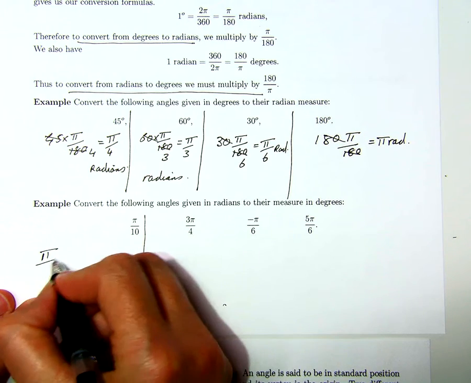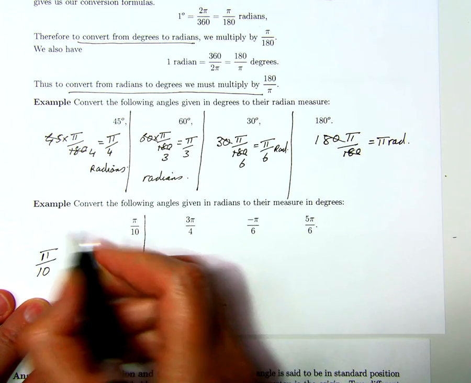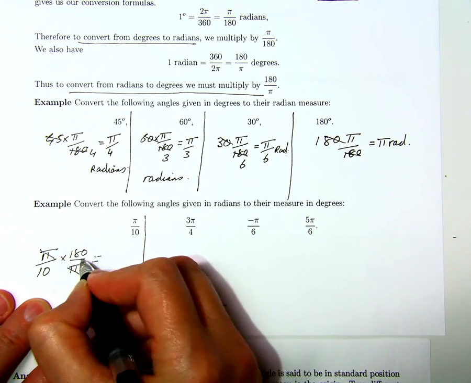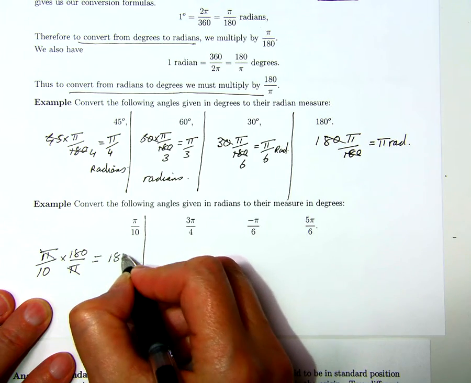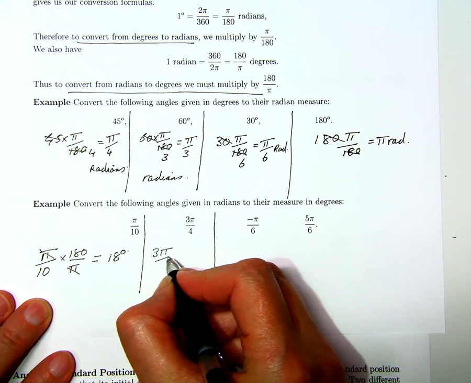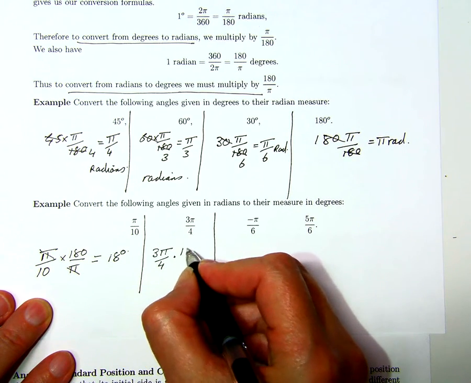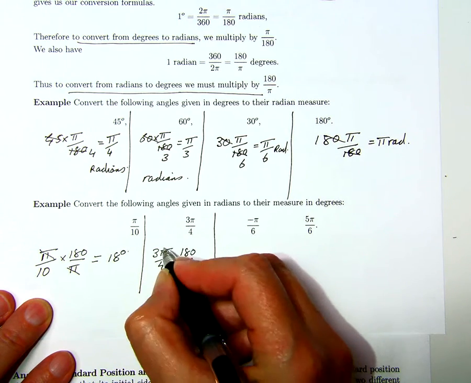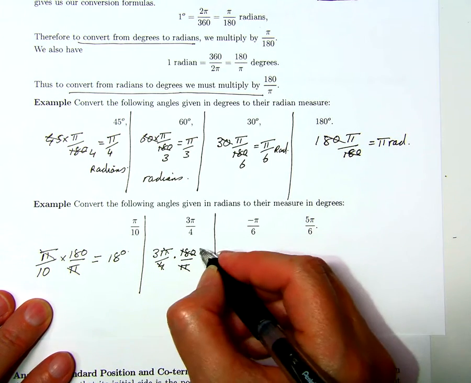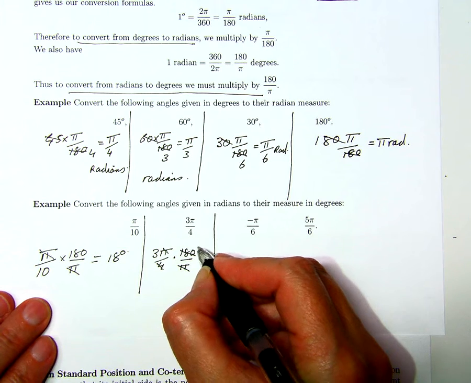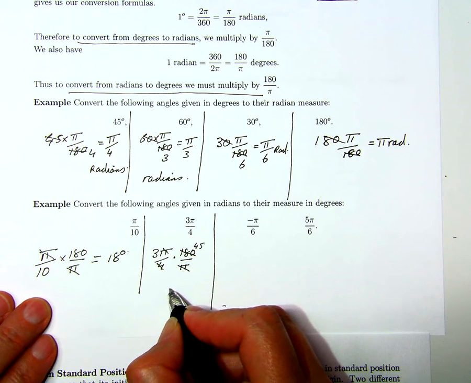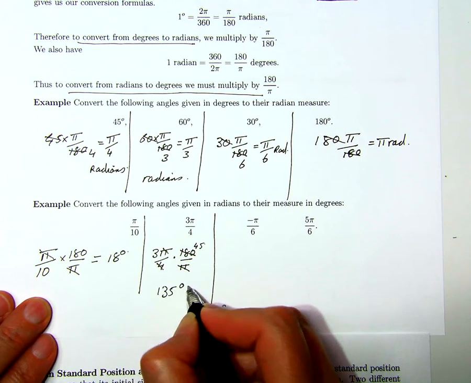So pi over 10, this is radian measure, multiplied by 180 over pi, and I get 18 degrees. 3 pi over 4 in radians, I multiply by 180 over pi, and I get 3 times 45, which is 135 degrees.